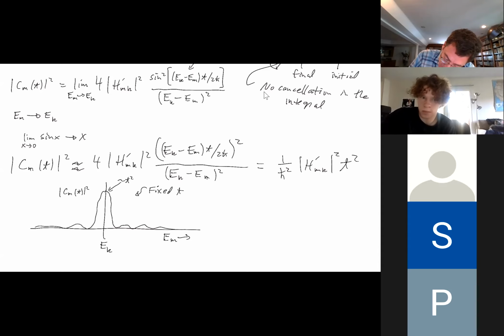So it's rising. But at the same time that it's rising, it's narrowing.